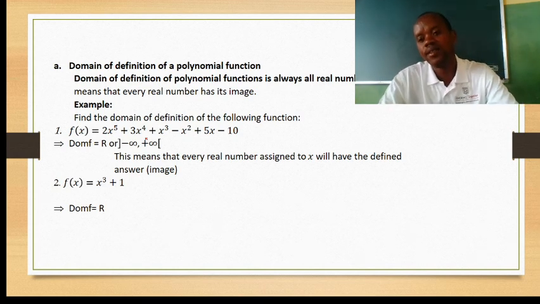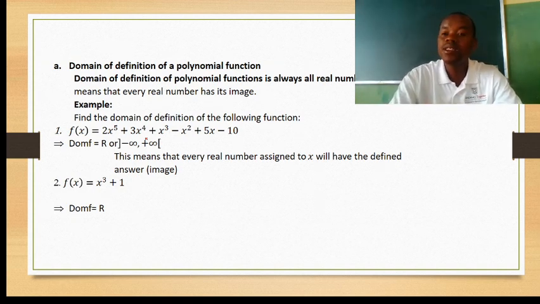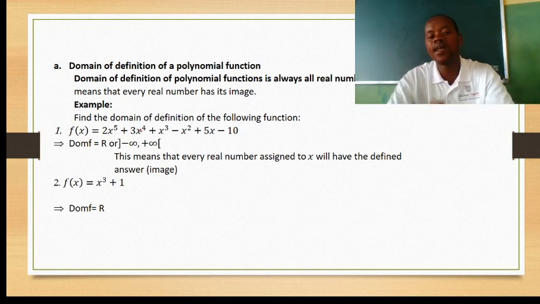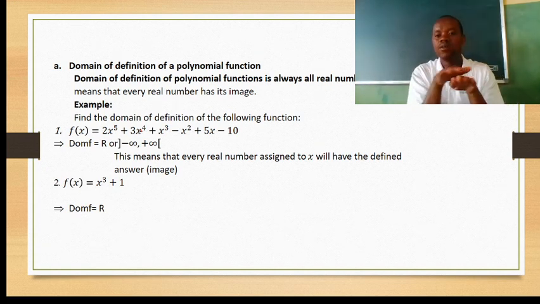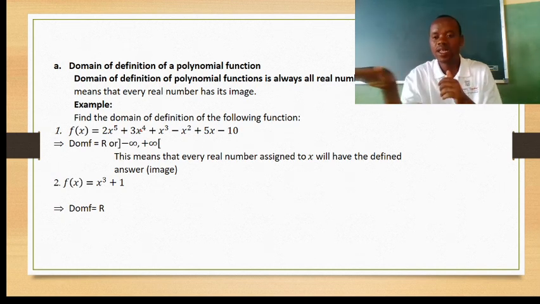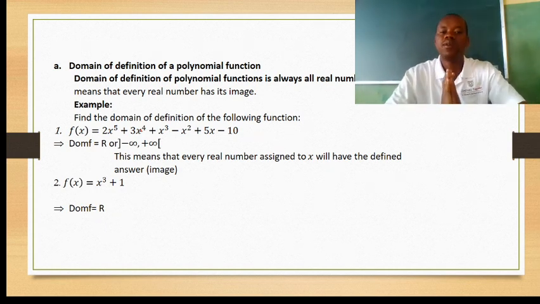As we said, the domain of definition for a polynomial function is always the set of all real numbers. This also applies to this function, as we can see it is a polynomial function because it is written in a linear form. It is not like a fraction, and it does not contain a root. So it is a polynomial function.